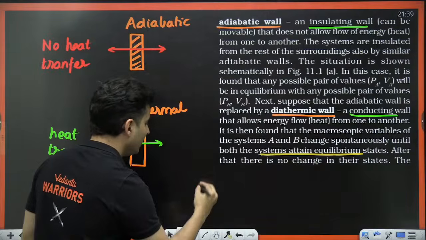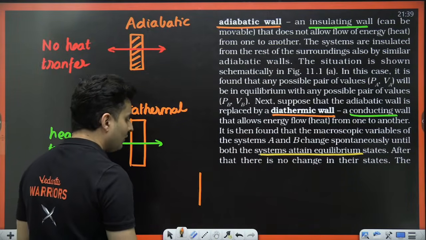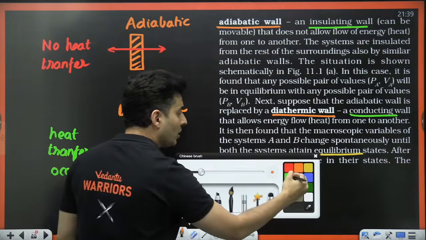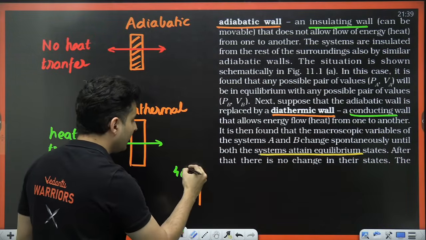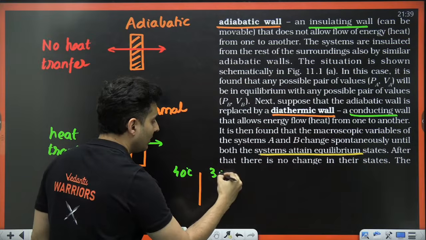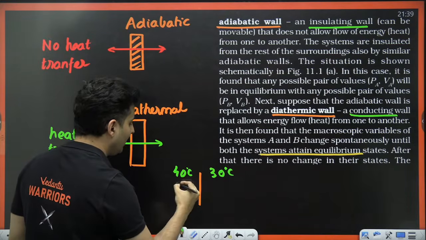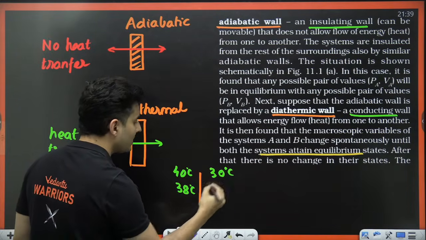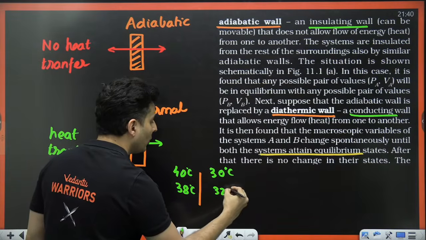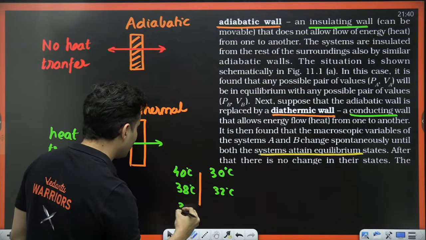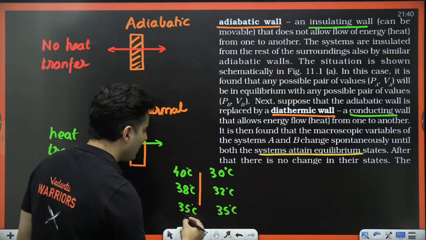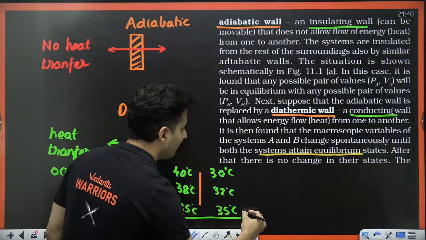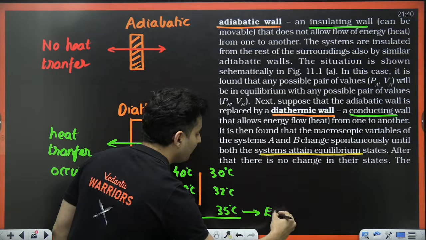Meaning if you separate maybe two solids or liquids, and let's say on this side it is 40 degrees Celsius, and this is 30 degrees Celsius. After some time this might become 38 degrees Celsius, this might become 32 degrees Celsius. After some more time this will become 35 degrees Celsius, this will also become 35 degrees Celsius, and that's it. They have reached equilibrium.